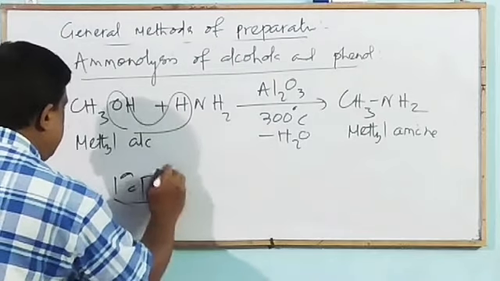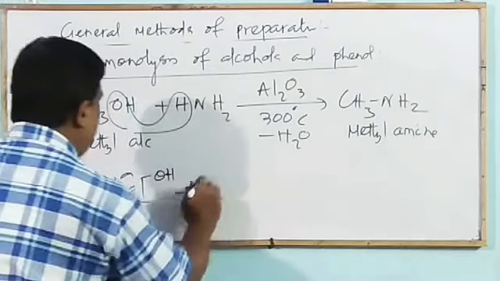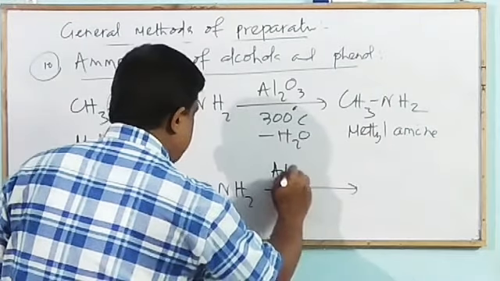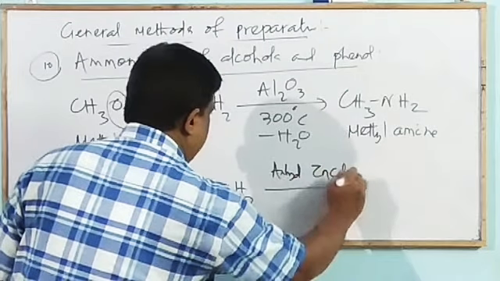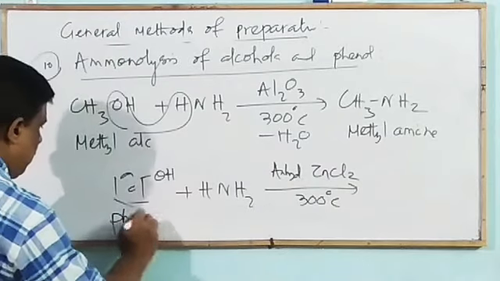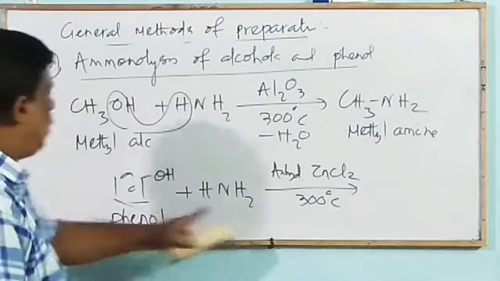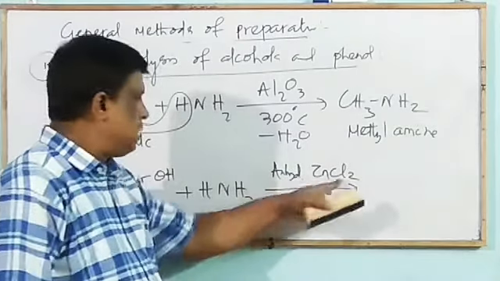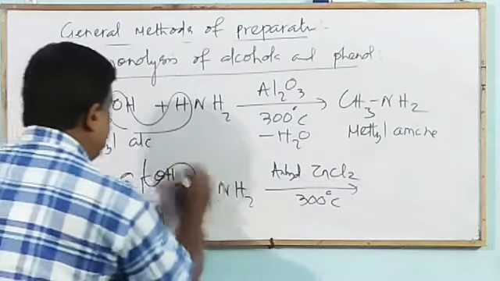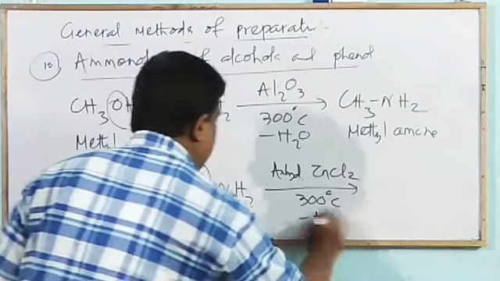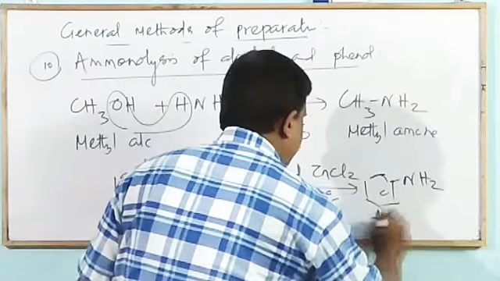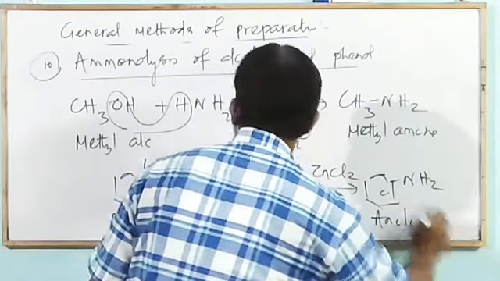Similarly, if we select phenol, when phenol is heated with ammonia in presence of anhydrous zinc chloride at 300 degrees Celsius, mark that, OH is removed, minus H2O. What is formed? Aniline is formed.